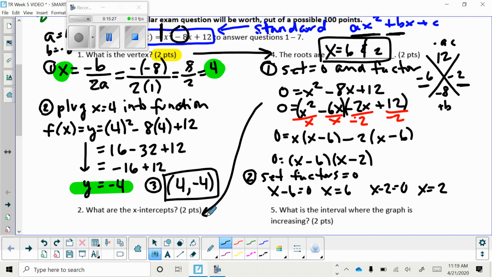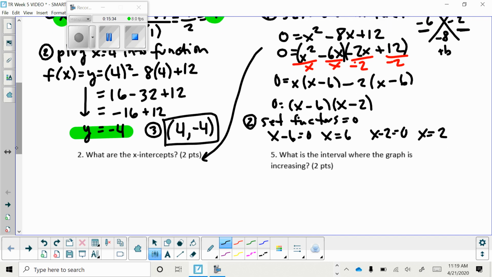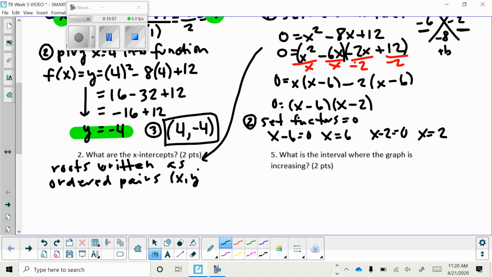Number 2 says, what are the x-intercepts? When we talk about x-intercepts, we're talking about points. So these are roots. So x-intercepts are roots written as ordered pairs, x, y. Well, we have 2 roots, so we're going to have 2 ordered pairs.